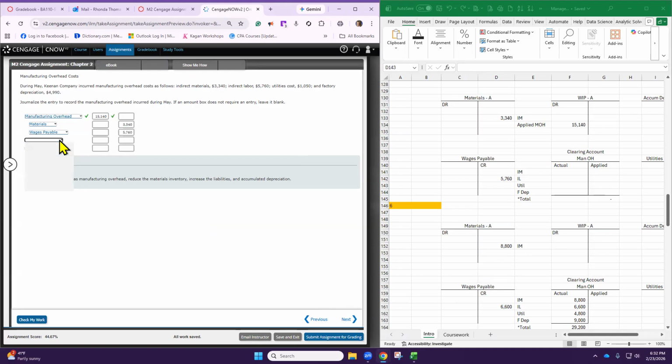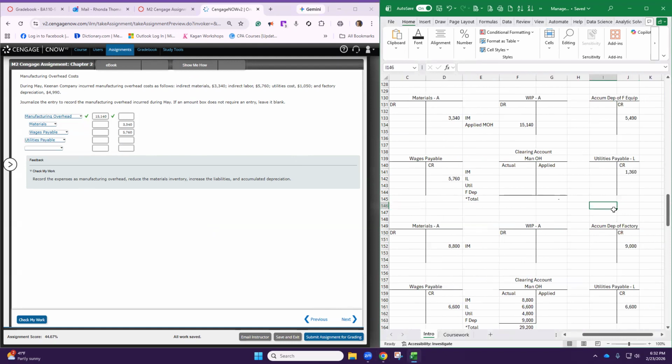Okay, so I think we have a utilities payable, which I have never seen before. Usually it's accounts payable. Okay, and so here we go. And it is $1,050. And that is represented here. So 1, 2, 3, and then the last one is factory depreciation.